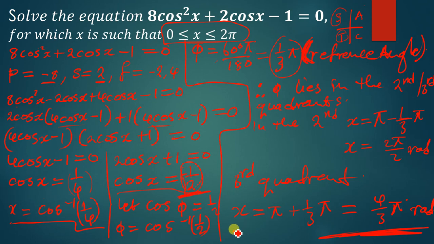So the final answer, you make sure that you only list angles in this domain. The first angle that we found was x is equal to 2 pi over 3, and then the other one is 4 over 3 pi. Alright, so this is how you solve this equation.